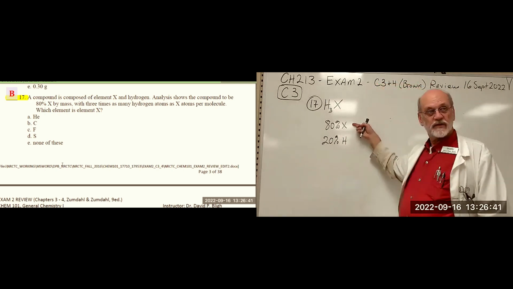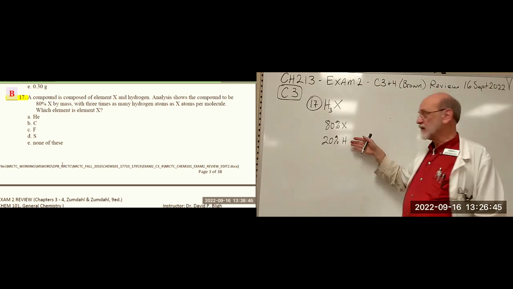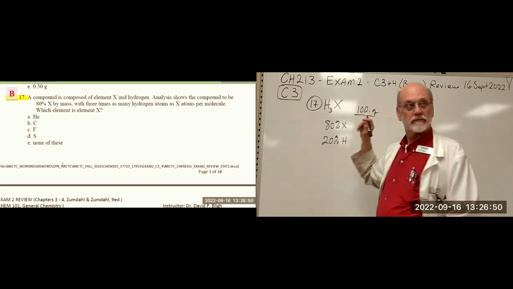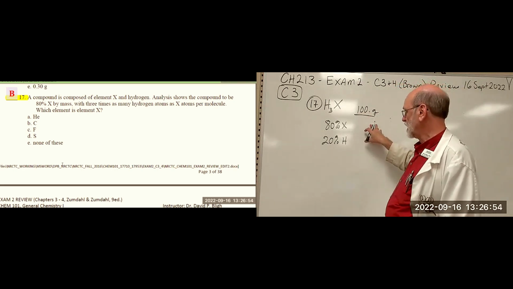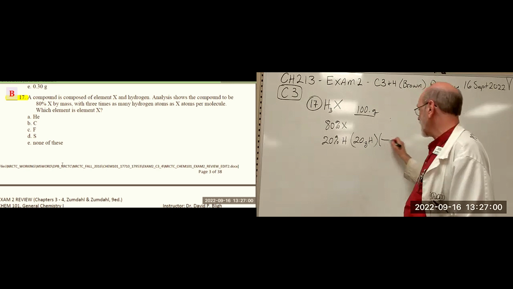We couldn't do anything with this because we don't want to know what X is, but we do know what hydrogen is. So let's say we have 100 grams, just like we've done before. If we've got 100 grams of sample, that means we have 20 grams of hydrogen. Okay, now we can convert that to moles.